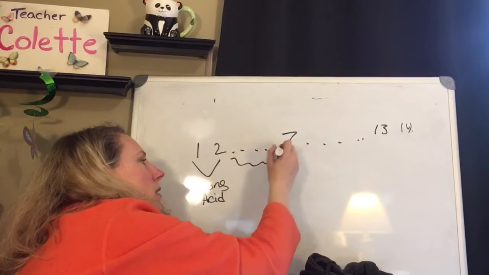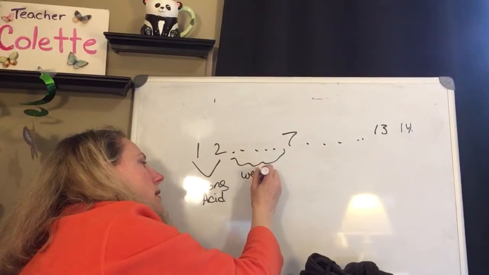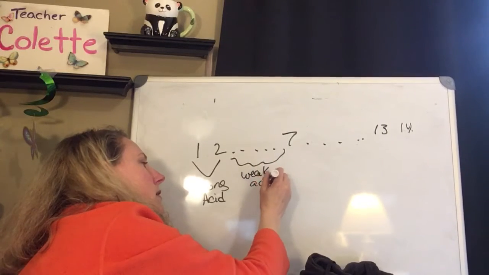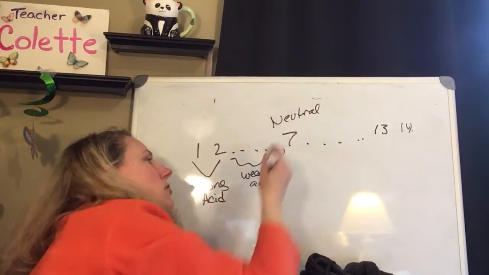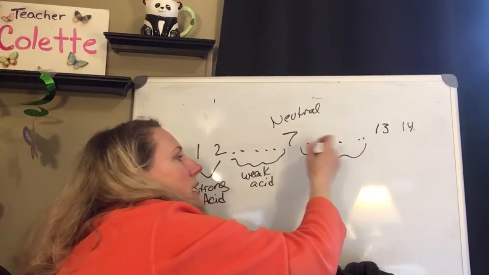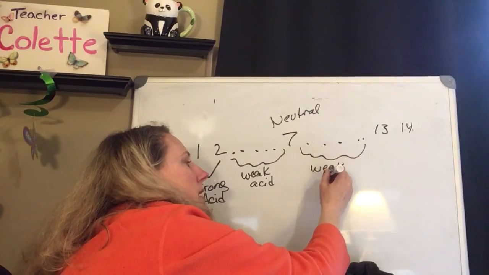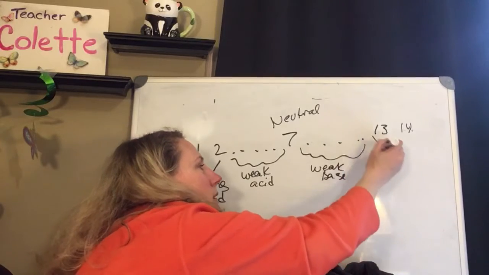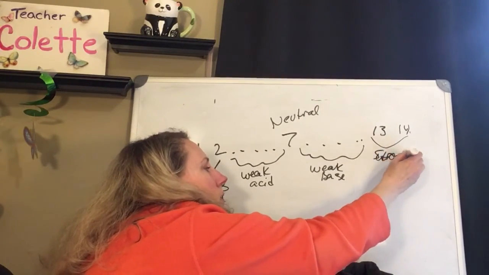Anything in here, 3, 4, 5, or 6, is going to be a weak acid. 7 is neutral. So that's your pure water. Anything that's in here, 8, 9, 10, 11, or 12, is going to be a weak base. And anything that's 13 or 14 is going to be a strong base.